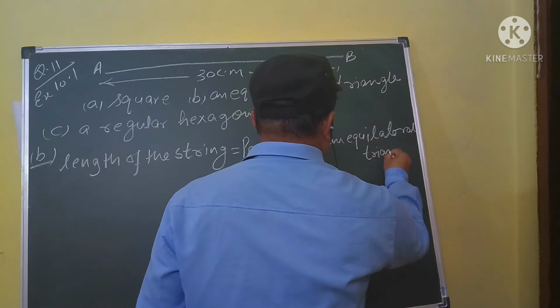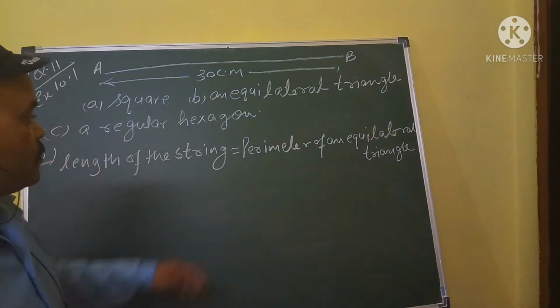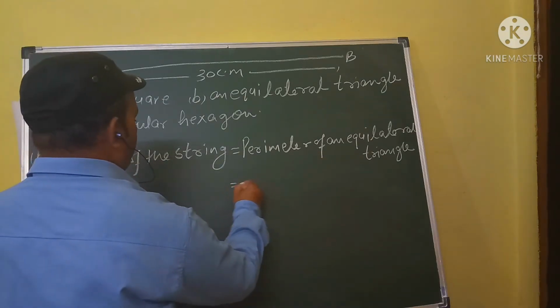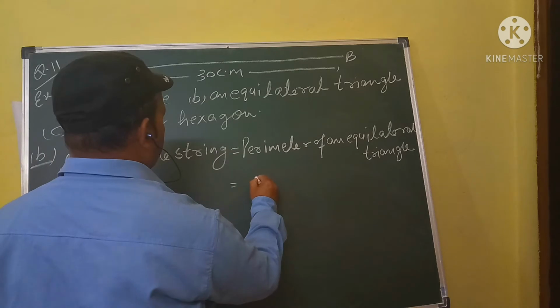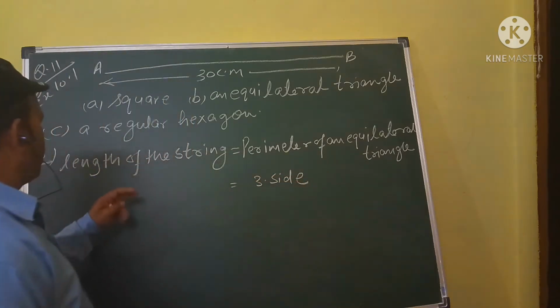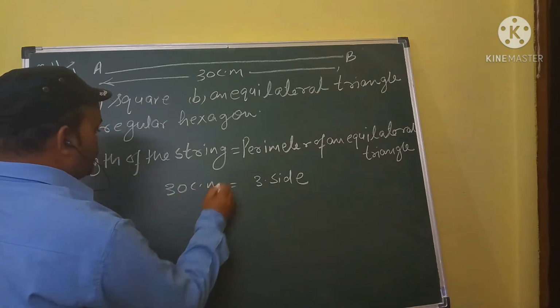Okay, length of string is equal to perimeter of an equilateral triangle. The perimeter of an equilateral triangle is 3 into side, and the length of the string is 30 centimeter.